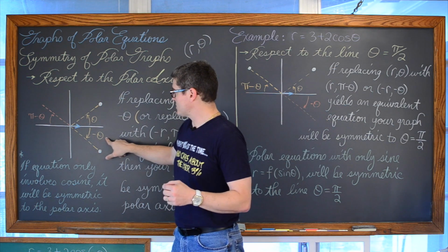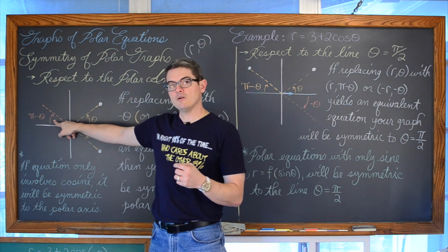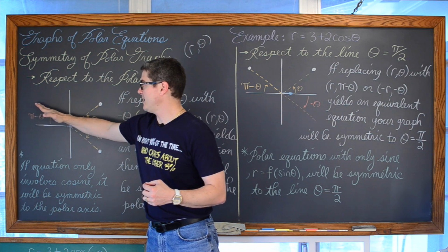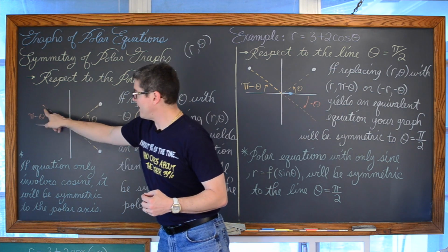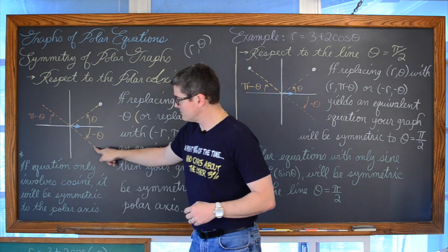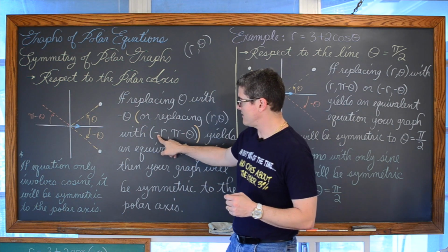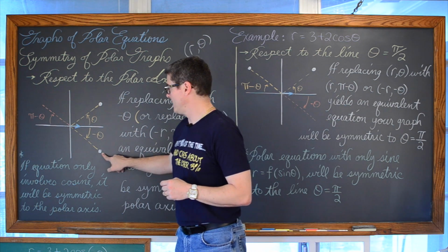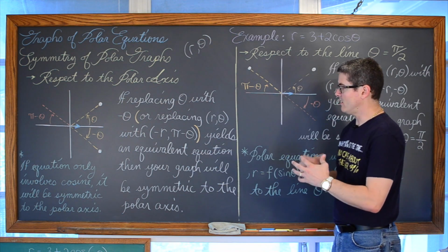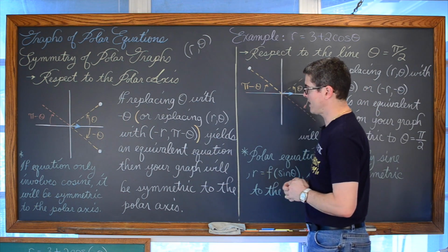So if this were, say, pi over 6 radians, then it could be a reference angle over here of pi over 6 radians, or pi minus pi over 6, which would be 5 pi over 6 radians. And if you then could go backwards, opposite, with that negative radius value, you could land on the same point as well. So that's where this (r, pi minus theta) alternate substitution comes in for checking if you have any symmetry to the polar axis.